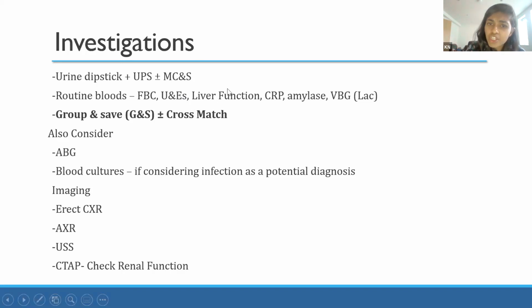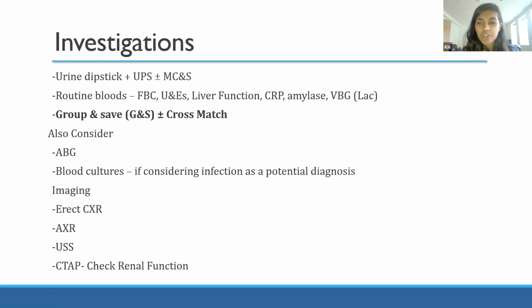You consider liver function, you consider CRP, again very important. Amylase is a plus or minus. If you're clinically worried about pancreatitis, you would do an amylase. And generally, if you came in through A&E, you'd get a VBG, for the lactate. The big thing we look at on the VBG is the lactate, really. That's an idea of how the patient is coping generally.